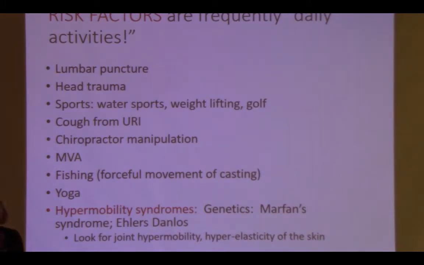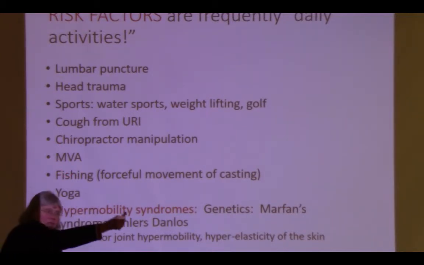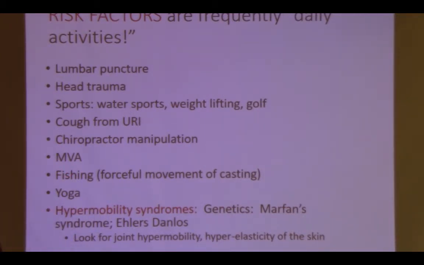Now the risk factors for getting this, we already talked about lumbar puncture and trauma, but there are people who've gotten this spontaneously from water sports, weightlifting, golf, a cough from an upper respiratory infection, chiropractic manipulation, motor vehicle accidents, fishing, casting, yoga, funny positions, and then these hypermobility syndromes like Marfan's, Ehlers-Danlos. So these people who have joint hypermobility or hyperelasticity of the skin are at higher risk for the development of this kind of headache.